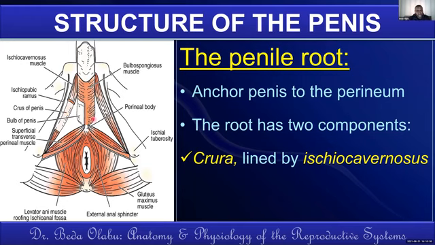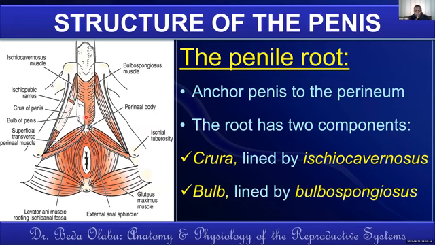But there's also another structure, which we call the bulb of the penis. The bulb of the penis holds the penis to the perineal body. This perineal body is also known as the central tendon of the perineum. The bulb attaches from the perineal body to the corpus spongiosum of the shaft.